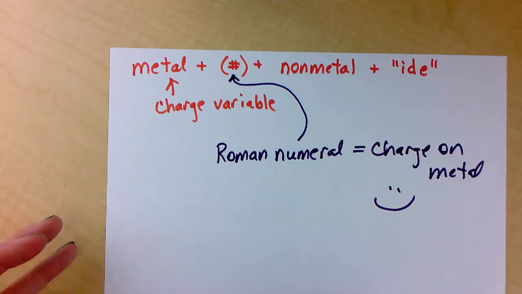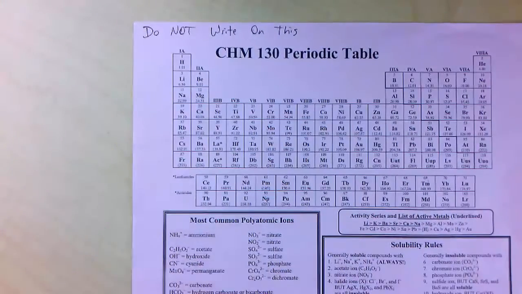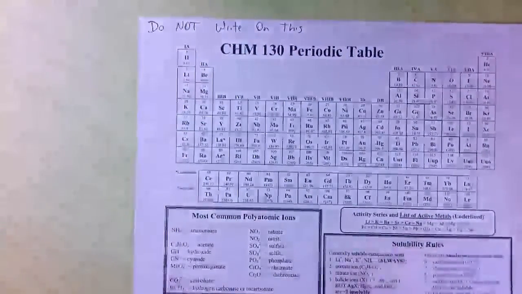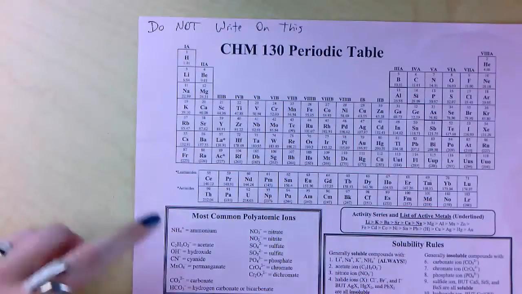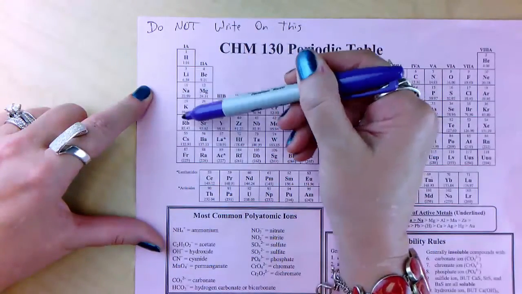Again, we have fixed charge metals and variable charge metals. Let's review those. The metals on the periodic table are located on the left side. So the metals are over here. Let's see what metals we know the charge for. We know the metals in column 1, lithium on down.